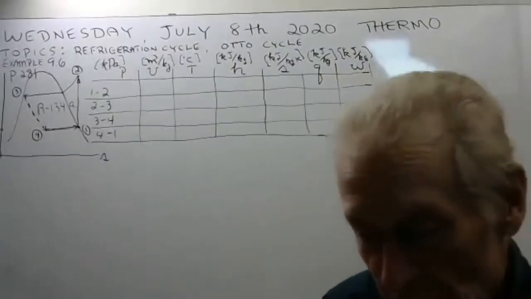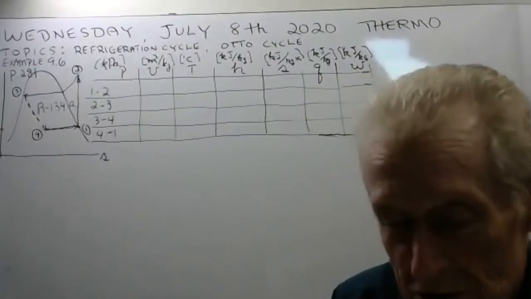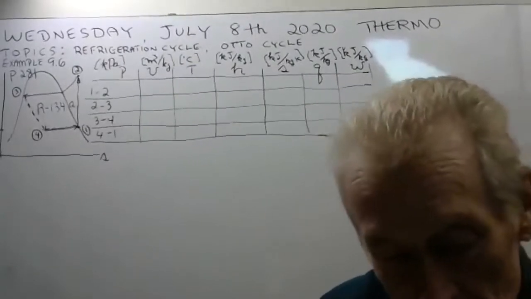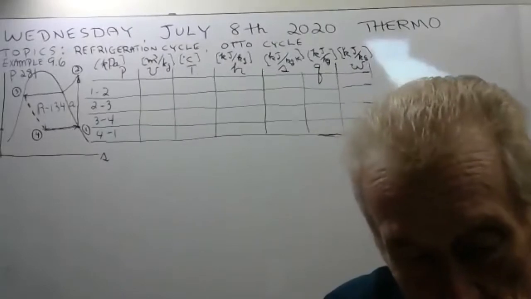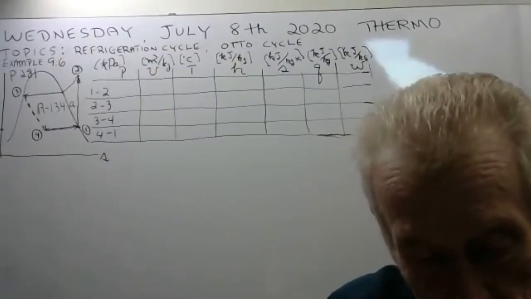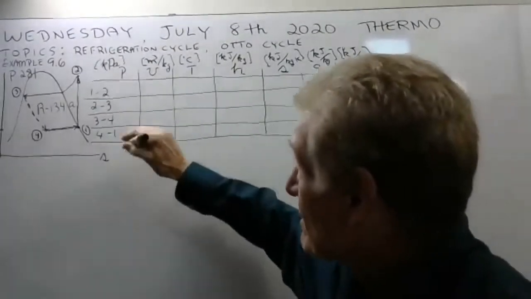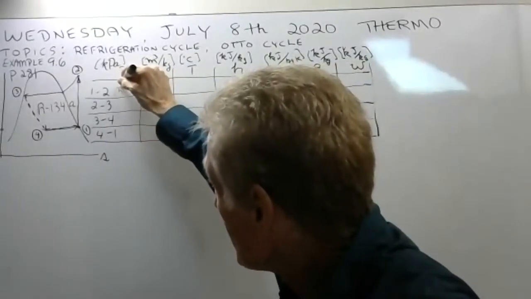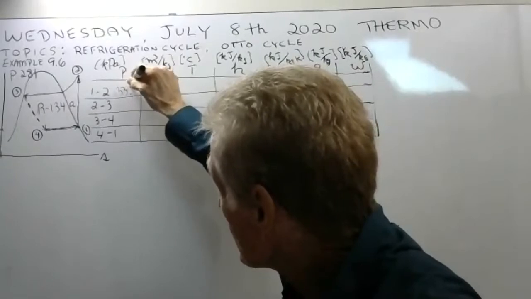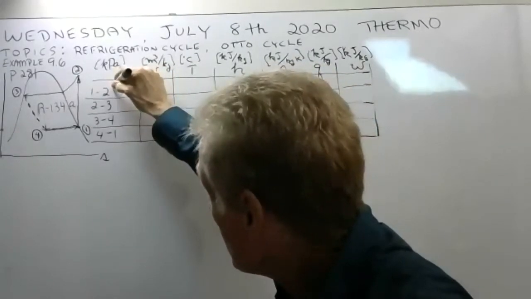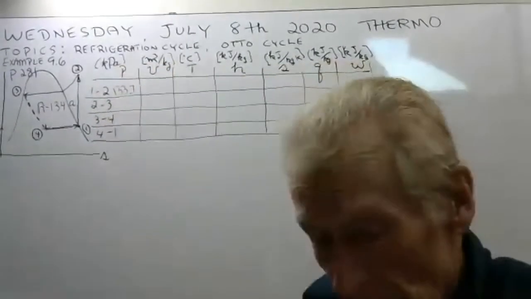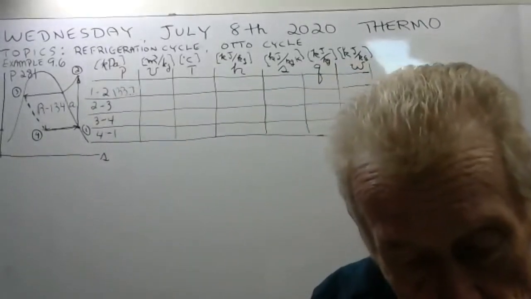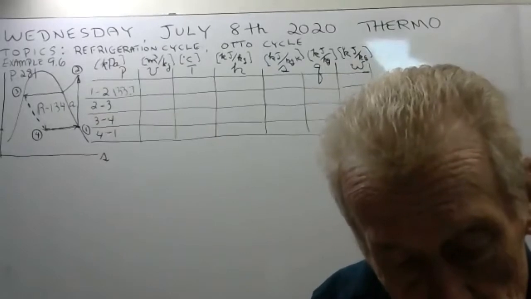Okay, now what was I doing? Oh yeah, go to 134A and look up minus 20. It says here, pressure is 133.7. Let me write that down. Okay, and what is the specific volume? Let me read that. Minus 20.